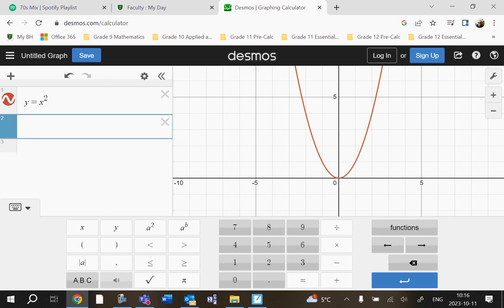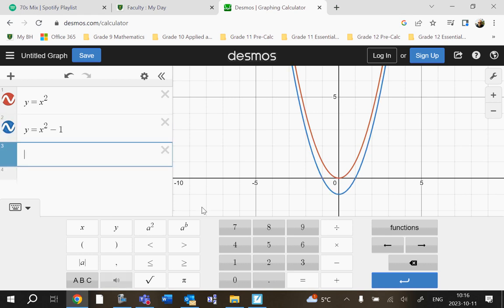Here's what x squared minus 1 looks like. Here's what x squared plus 3 looks like. What if I asked you to graph x squared plus 1?